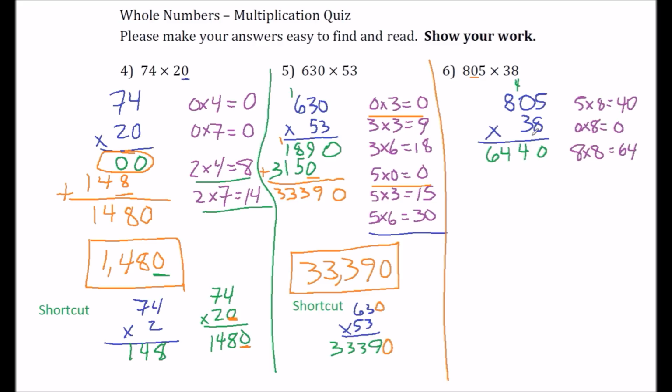Alright, next coming with the 3 again, leaving a blank right here, or a 0 or an X, but nothing goes there. 3 times 5 is going to go right here, and 3 times 5, or 5 times 3, is 15. And we're going to write down the 5, let me switch it to orange here.